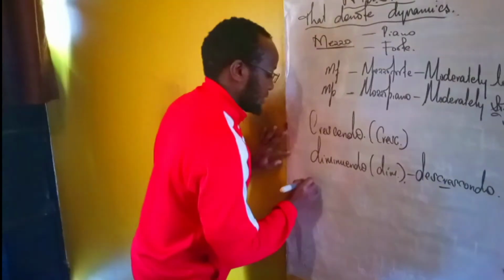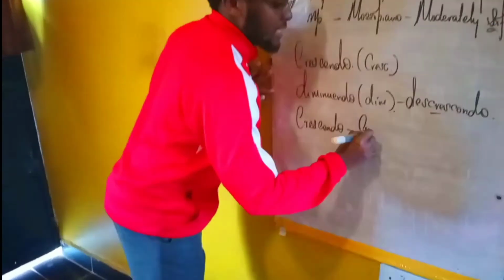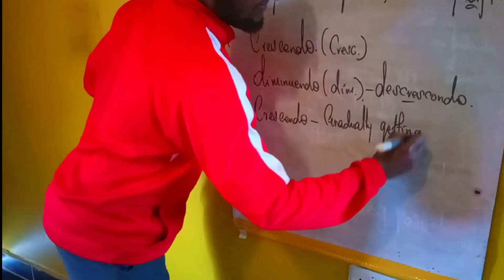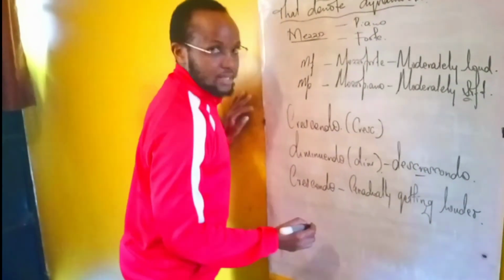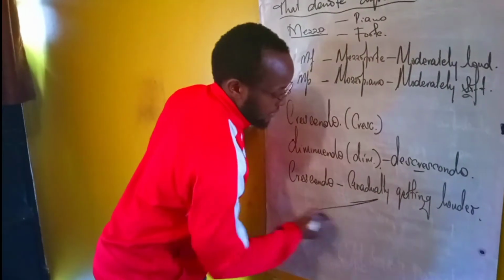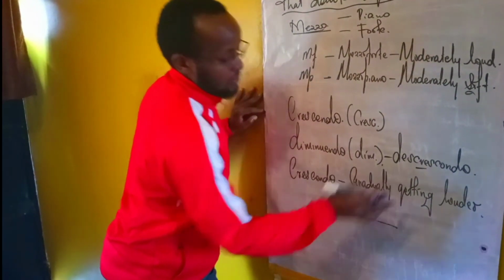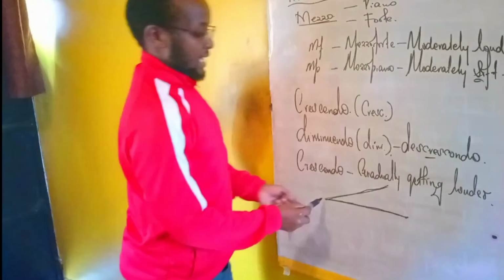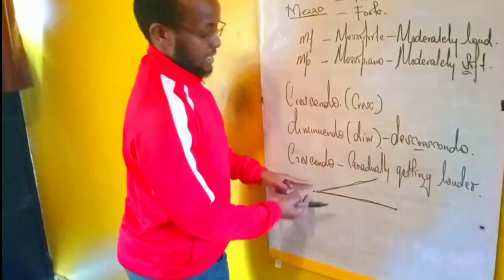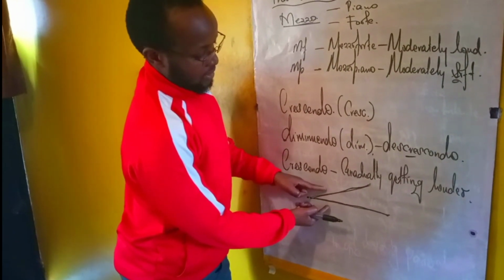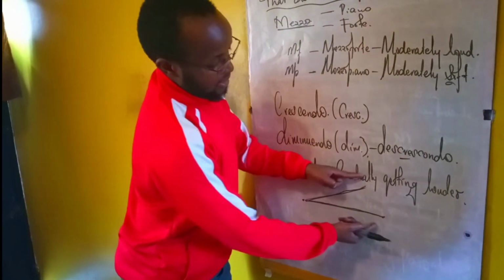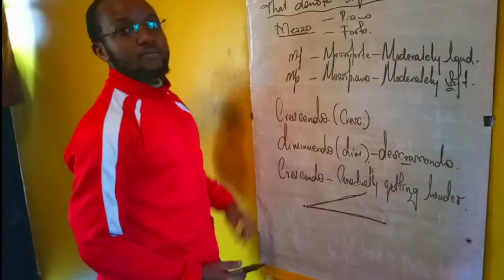Crescendo means gradually getting louder. And we use this symbol to represent it. I know you've seen that symbol in mathematics. It shows that it starts softly and then gets louder, louder, louder, and that way.